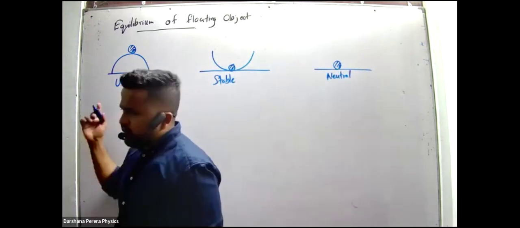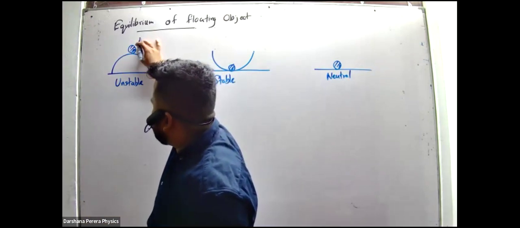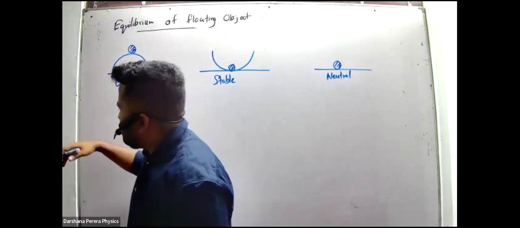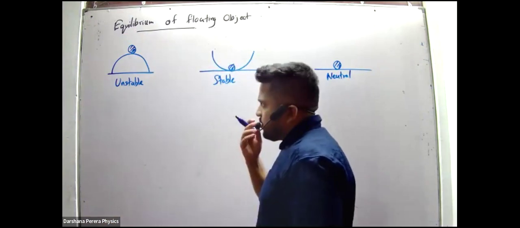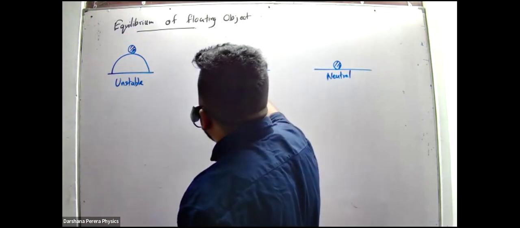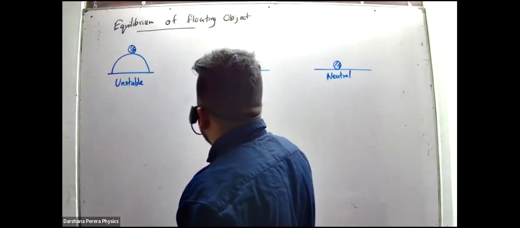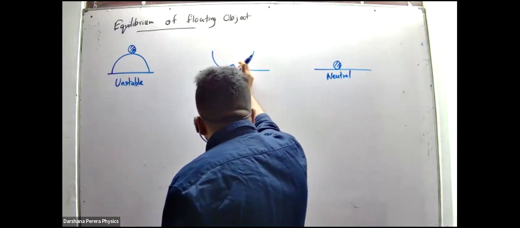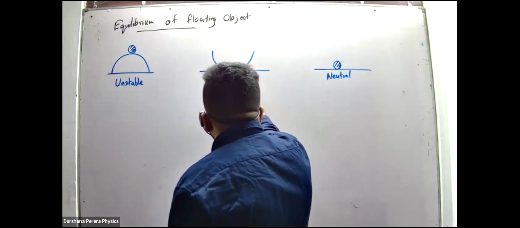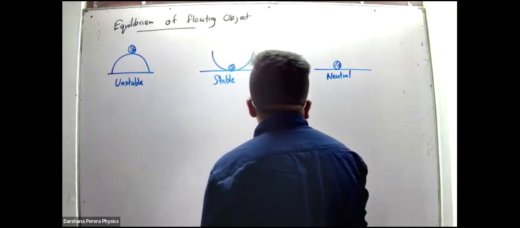Right? It's unstable because when we give some displacement, it comes down, because its potential energy is high. In this case, if we give a small displacement, it goes away, then comes back to the initial position.